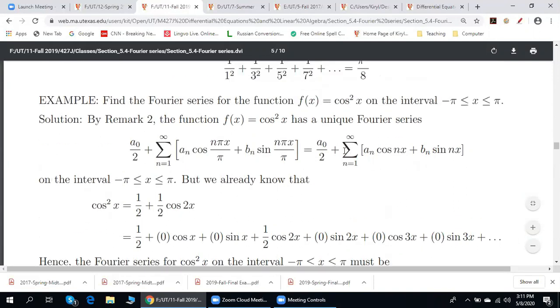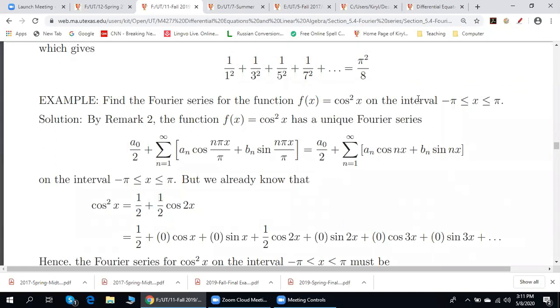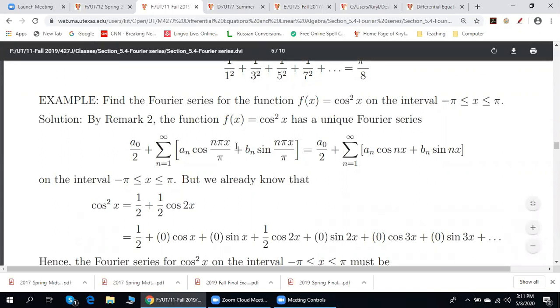Observe that by trigonometry, cosine square is 1/2 plus 1/2 cosine 2x. Also observe that since x is between negative pi and pi, L is equal to pi. So we replace L by pi and then cancel out pi. Our series becomes this.